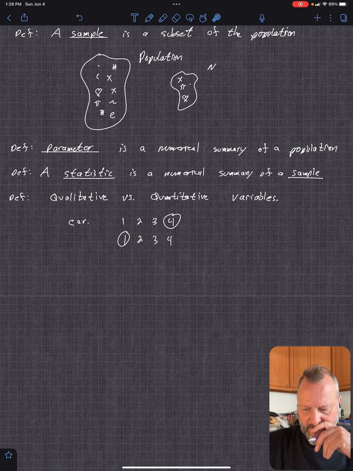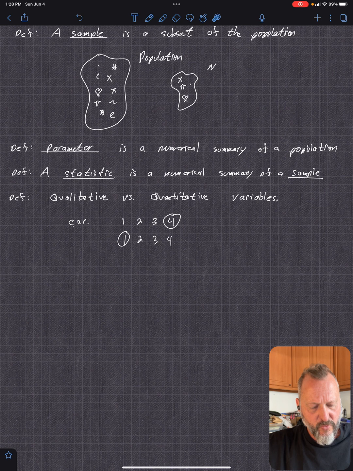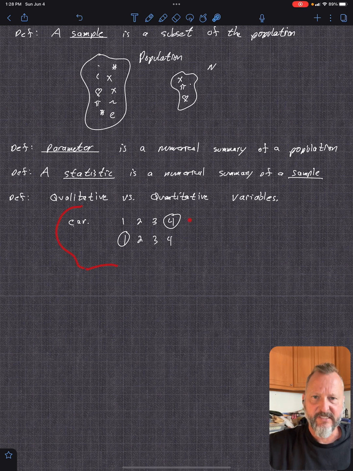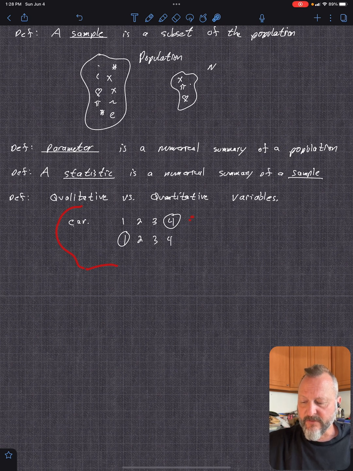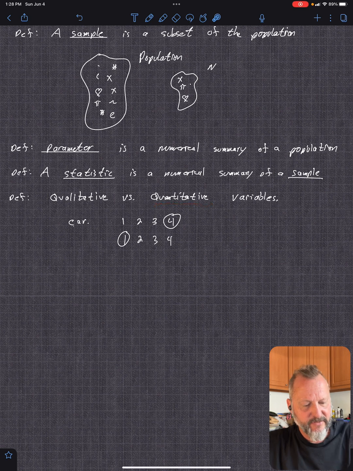One way of saying it too: qualitative is classifying things, as good, bad, ugly. Quantitative is measuring things.